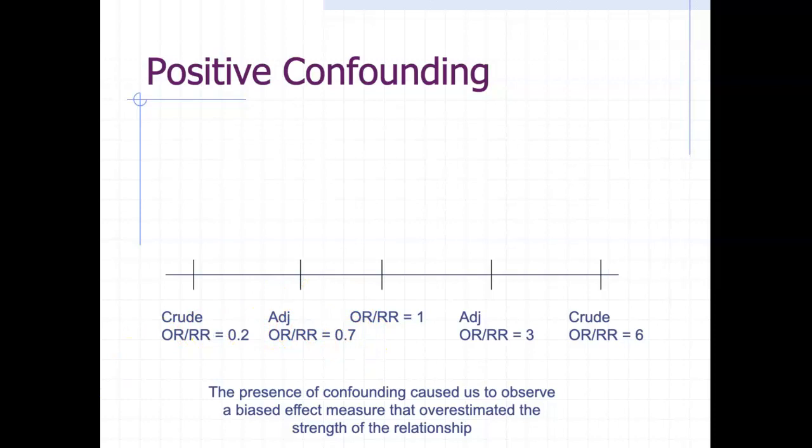What this indicates is that this biased measure of association originally made us think the relationship among these variables was really protective. However, when we adjust for that confounding, we see it's still protective, but not that protective. So again, when you have positive confounding, it causes you to see a biased measure of effect that overestimates the strength of that relationship.